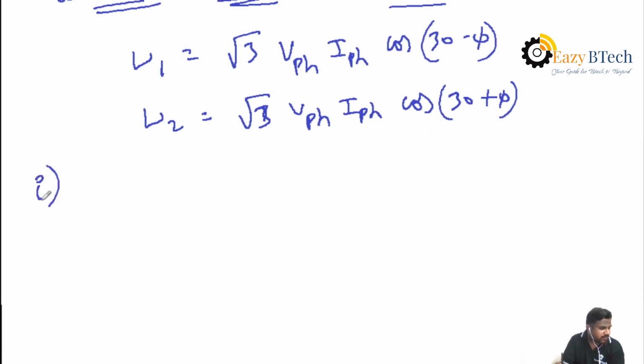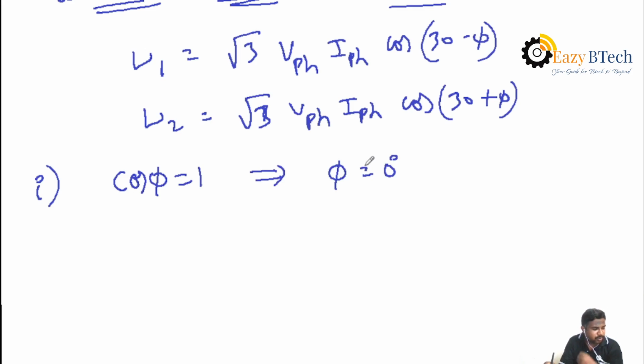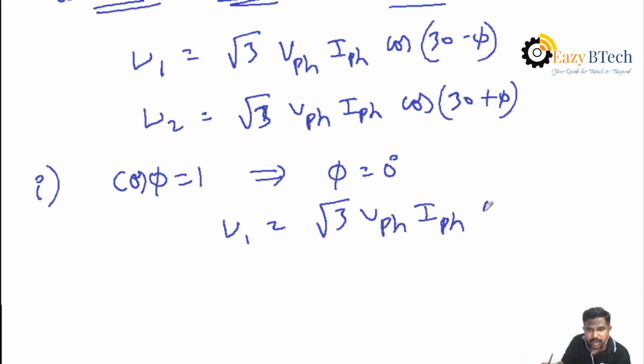In the first case, if the power factor is unity, that is cos phi is 1, then phi equals 0. Then W1 is root 3 VPH IPH cos 30.